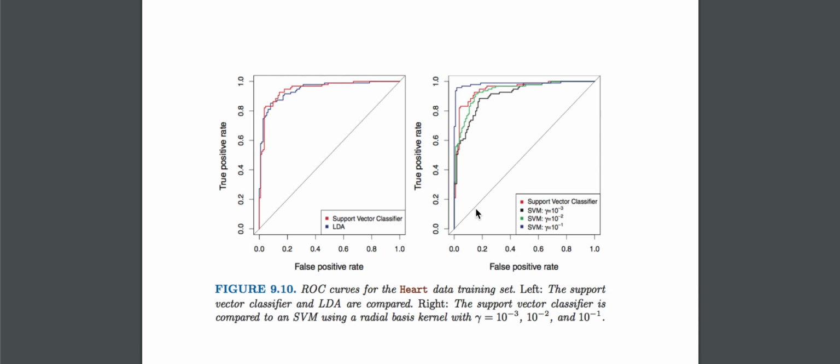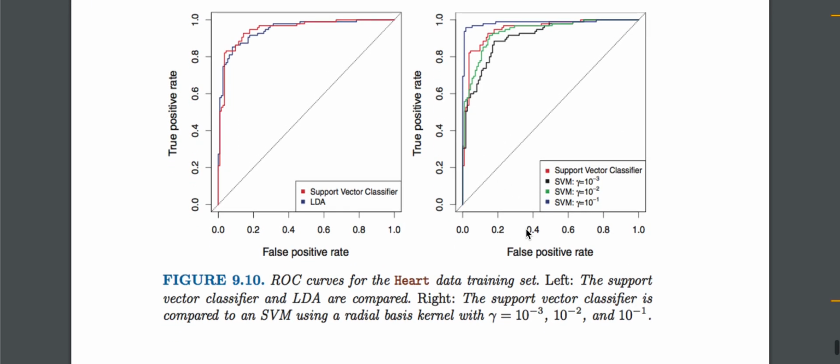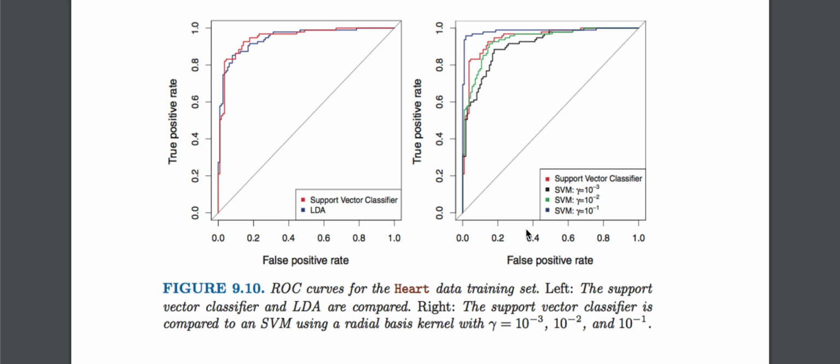And here are some results that plot the ROC curve for the heart data. A support vector classifier is a support vector machine that uses a linear kernel, so it boils down to a hyperplane.